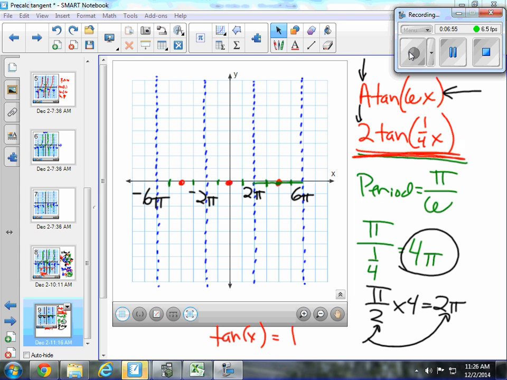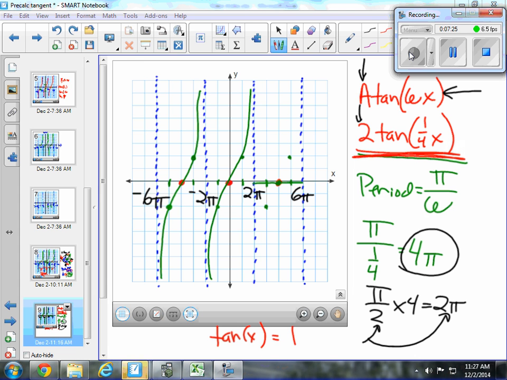So instead of my point being at 1, it's going to be at 2 on the right side of this 0, and it's going to be at negative 2 on the left side of that 0. So I've got all my points, I've got my asymptotes, I've got my zeros.